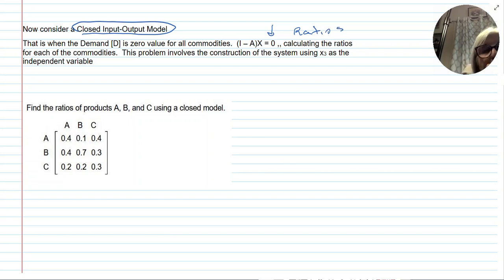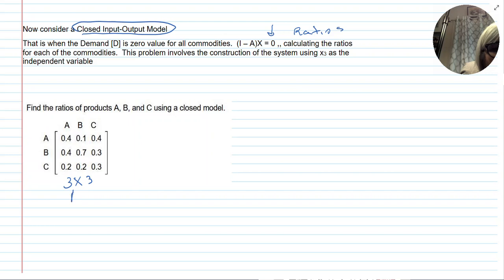All right, so we're going to have (I minus A) x equals 0. And x is the set of variables. So here I have a 3 by 3. And of course, I need my identity.